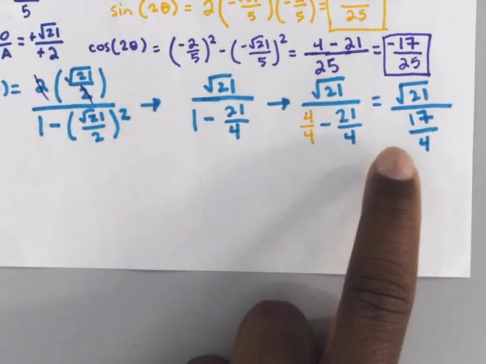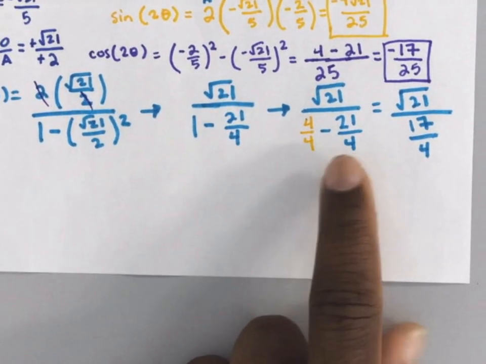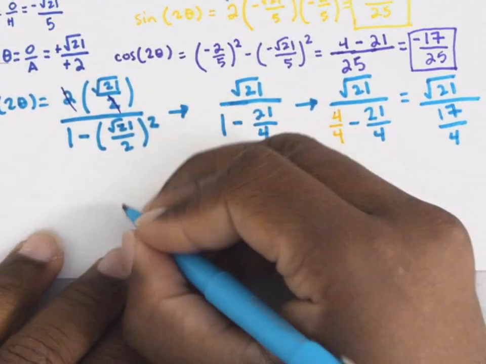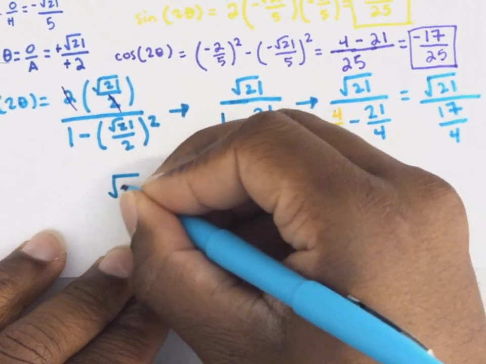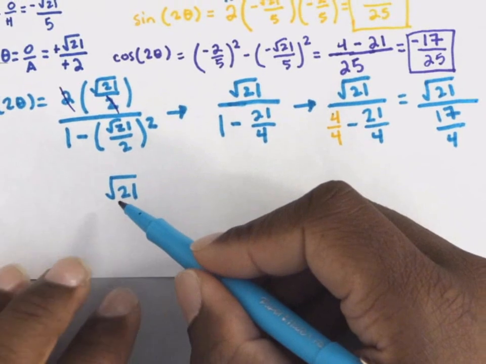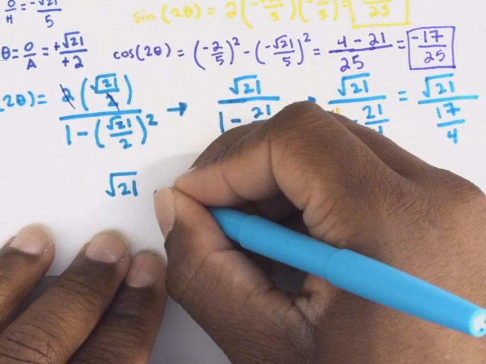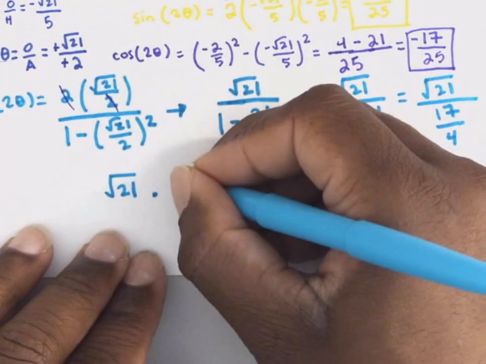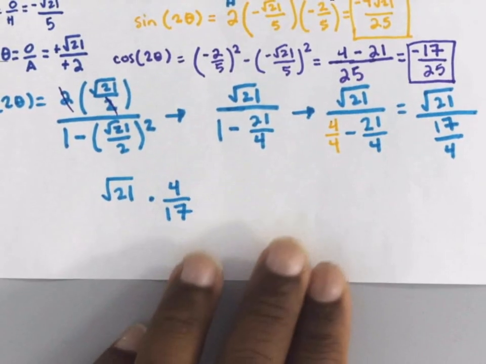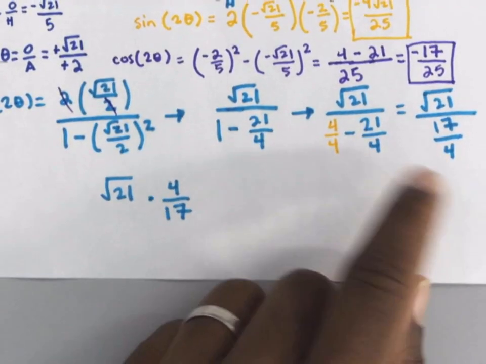And since I'm dividing a fraction, I'll keep, change, flip to finish this problem. So I keep the top, it's just the square root of 21. And you can write divided by 1 if you want, but it's just the square root of 21 times 4 over 17. Do I need any negative signs or anything?